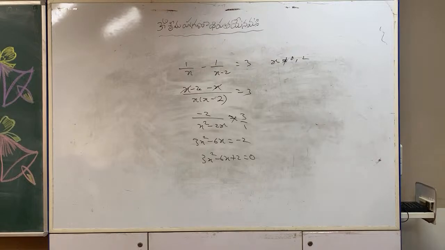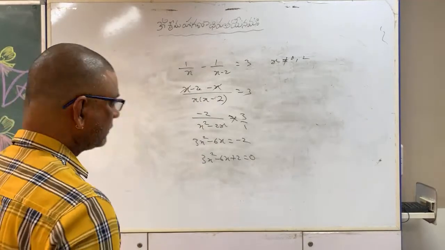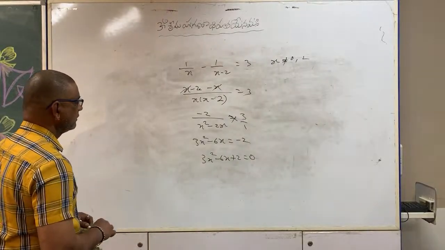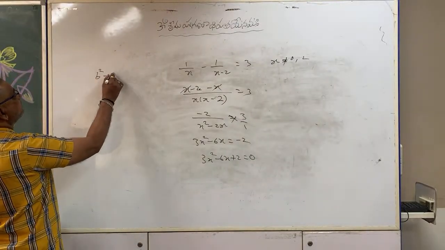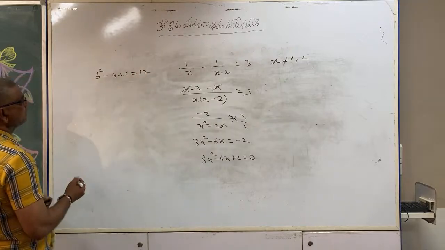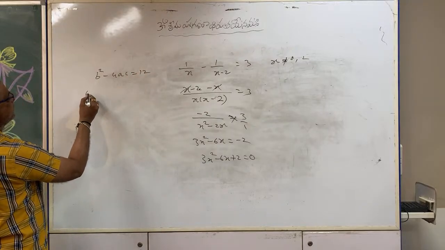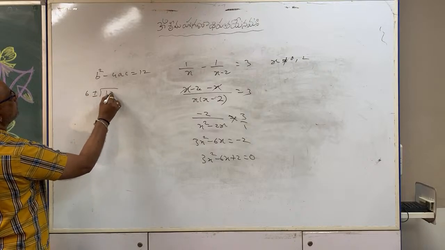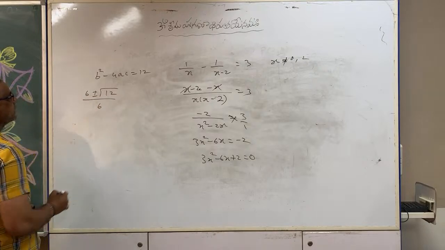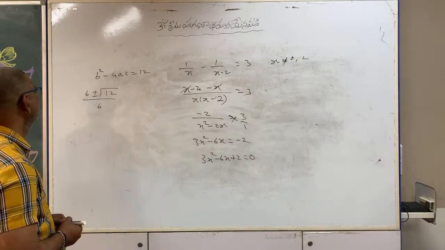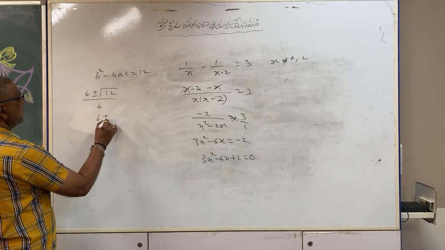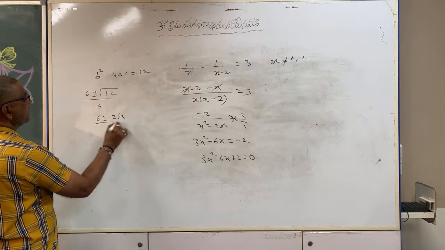So what are the solutions? What are the solutions, Nana? b square minus 4ac is 12. So minus b plus or minus root over b square minus 4ac by 2a, 6 plus or minus 4 root 3, that is 2 root 3 by 6.